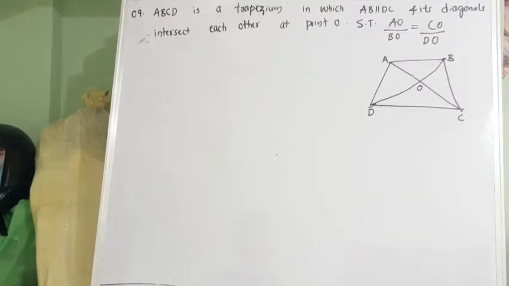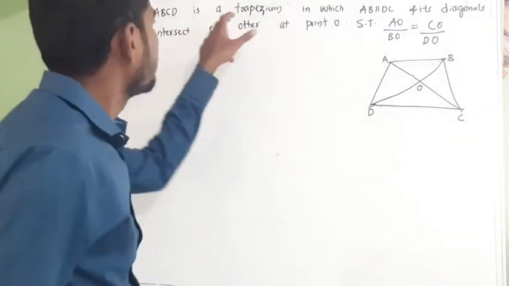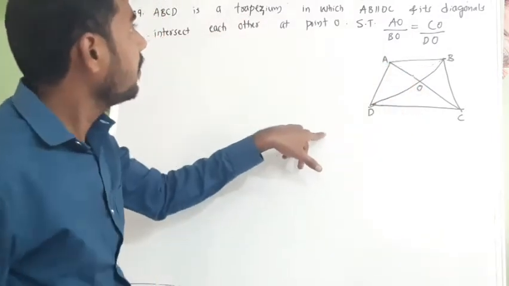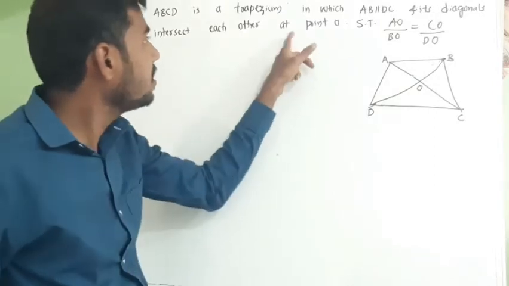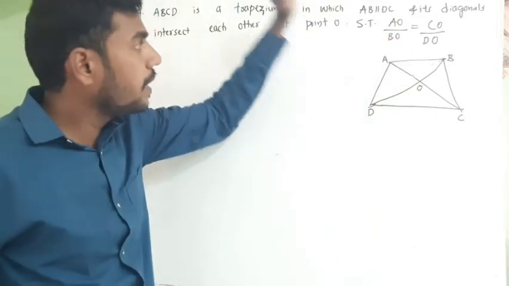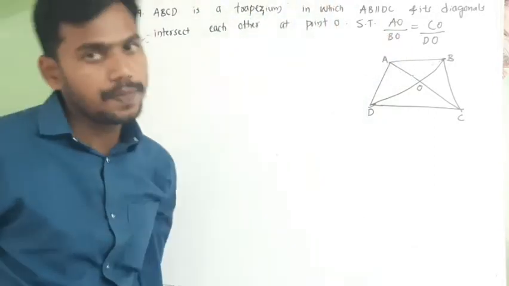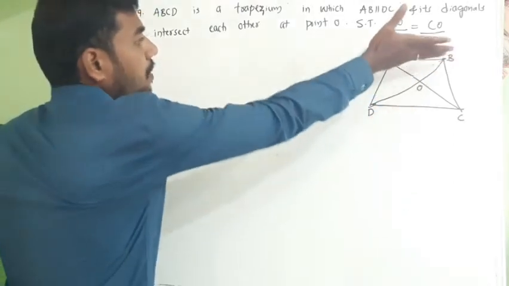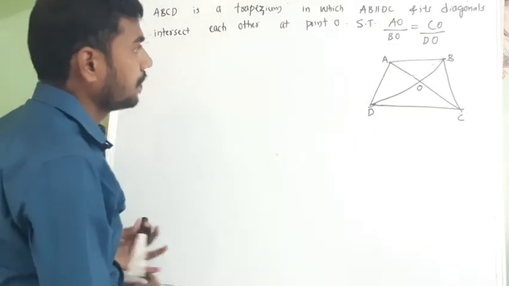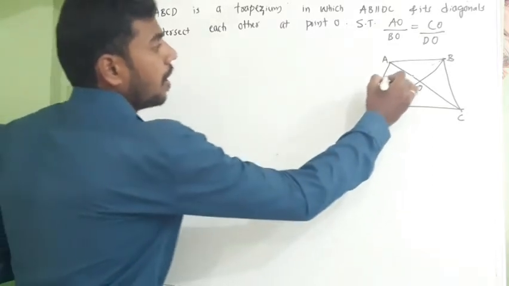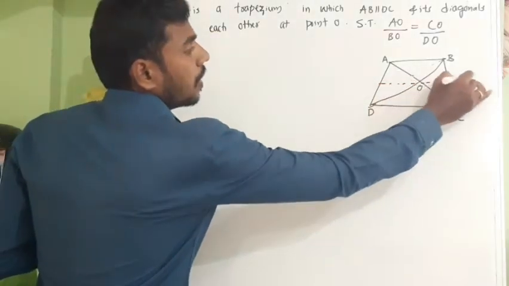Ninth question: ABCD is a trapezium in which AB is parallel to DC and its diagonals intersect each other at point O. Show that AO by OB is equal to CO by OD. We know that in a trapezium one pair of sides will be parallel. Now, in the construction part, I will draw a line.